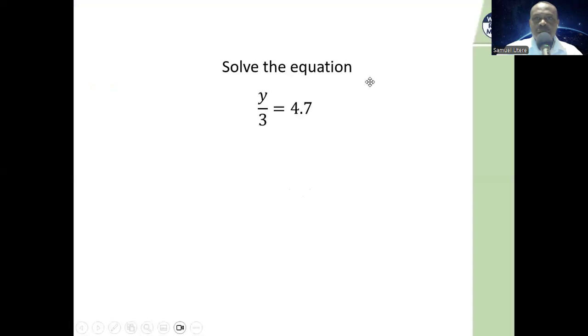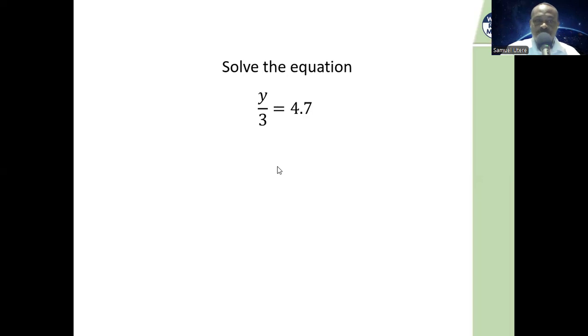All right. What about this one? Let's do some new learning. If we say solve the equation y divided by 3 equal to 4.7, how do we represent this as a bar model? Remember, the bar model helps us get a good basic understanding of what's going on. And once we get used to it, you don't even need to use it all the time.